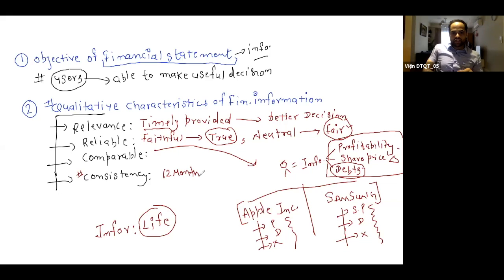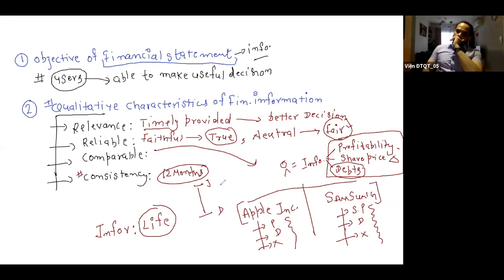We call it the financial year. It depends, January to December, July to June, April to March. So normally we prepare financial statements for 12 months, for example, January to December.